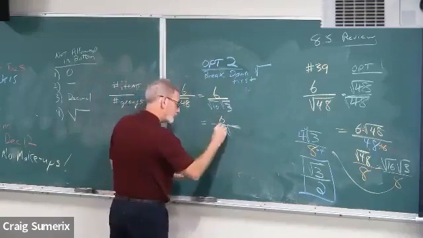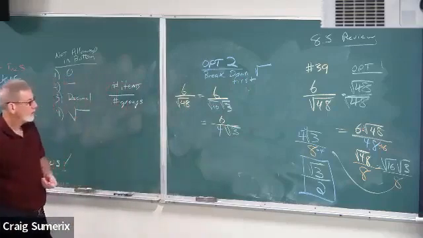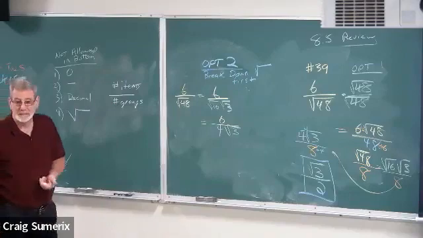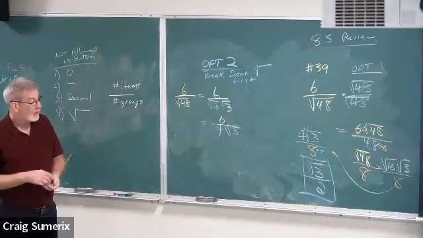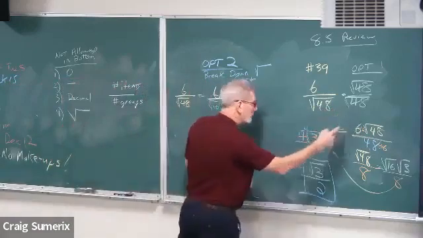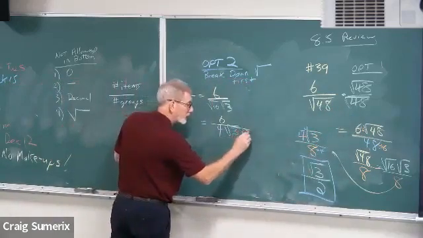and now where do you want to go? Do we have to multiply the whole bottom by itself? The only thing I have to get rid of on the bottom is the radical. So instead of multiplying by the whole square root of 48, I really only have to multiply by the square root of 3.